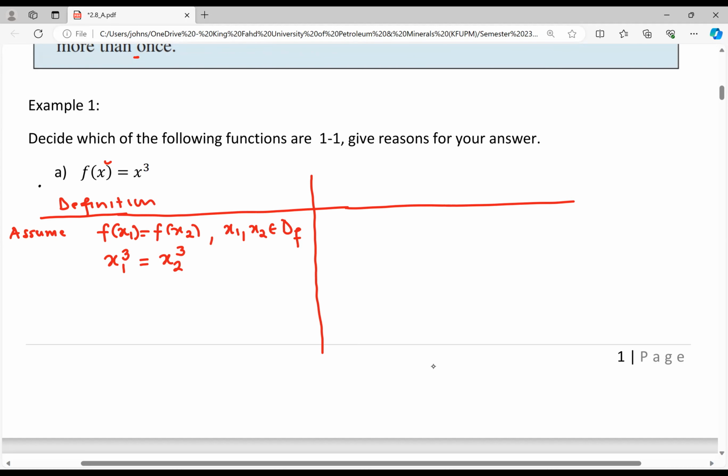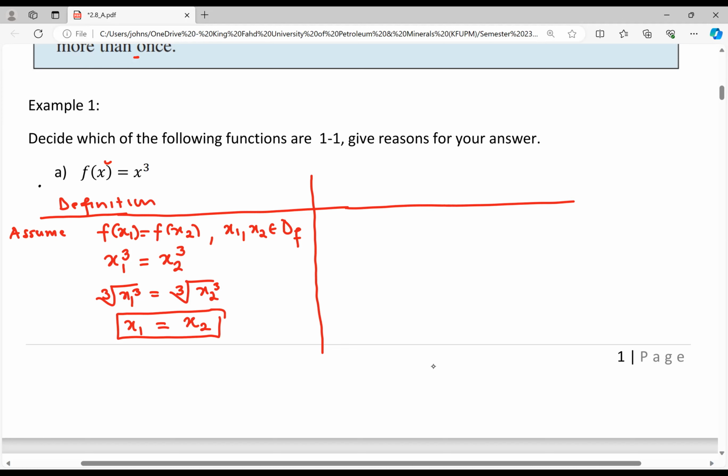Yes, here we can take the cube root of both sides. The cube root of x1 cubed is just x1, and the cube root of x2 cubed is just x2. So it means that our function is one-to-one.